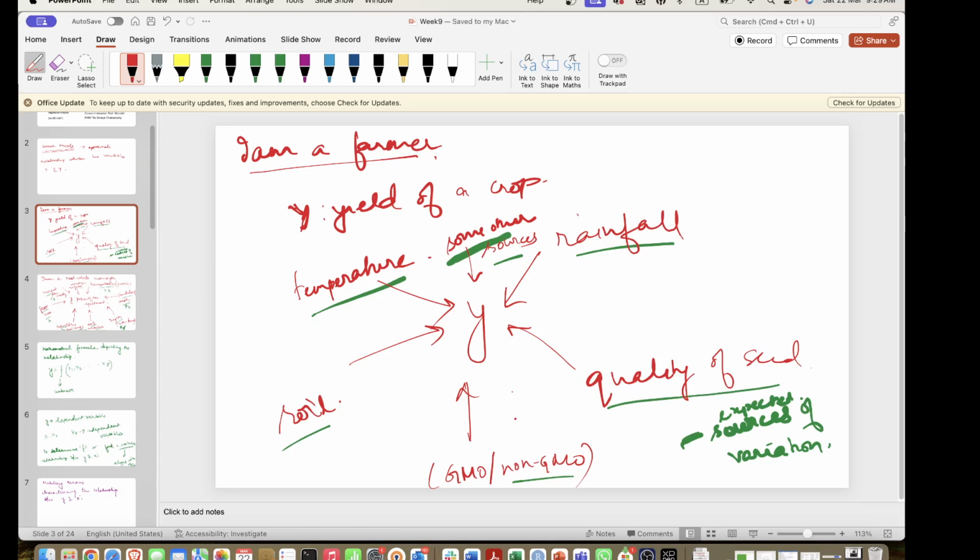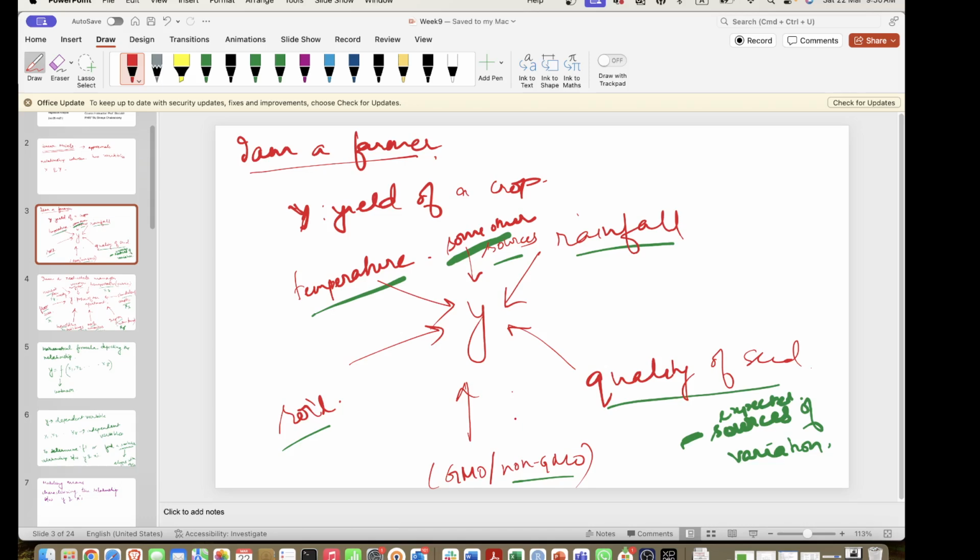So if determination of GMO versus non-GMO is a very costly process, I don't know whether it is costly or not, I'm just telling you, if it is a very costly process, you would probably want to avoid it.